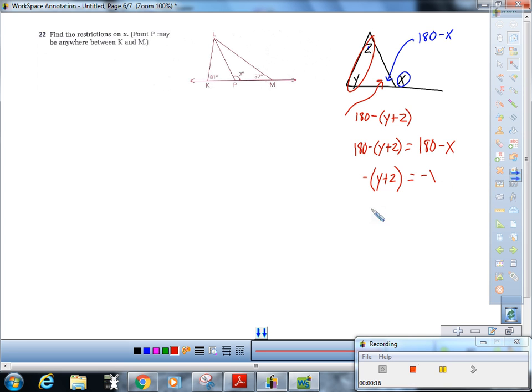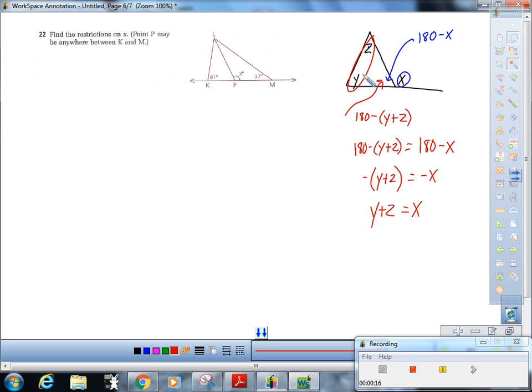Divide each side by -1, and you get y plus z is x. And so I just proved it. The angle on the outside of a triangle, if you extend the line, will always be the same as the sum of the remote interior angles. And you don't really need to know that vocabulary term, but hopefully that little concept makes sense to you.